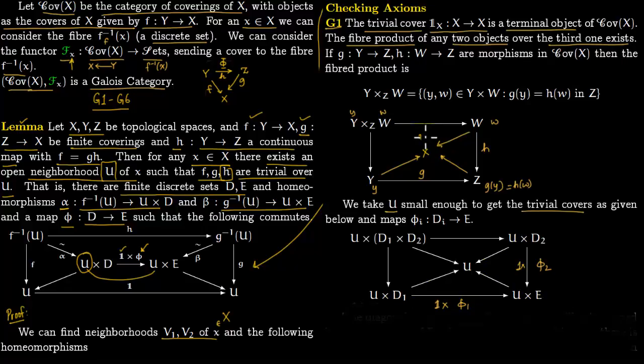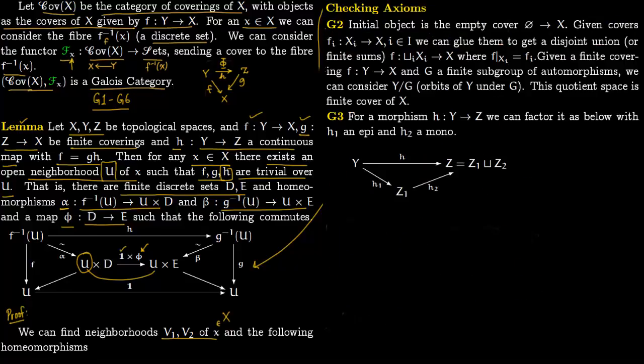So this u sits inside X. So you have taken u a small enough neighborhood of some point x. So now you take the fiber product of these 2 maps, which is just this, and this now forms a cover over u, and that is what we had to show. So everything will agree, just because this is a fiber product of this phi 1 and this phi 2. So this implies this. So G1 has been checked.